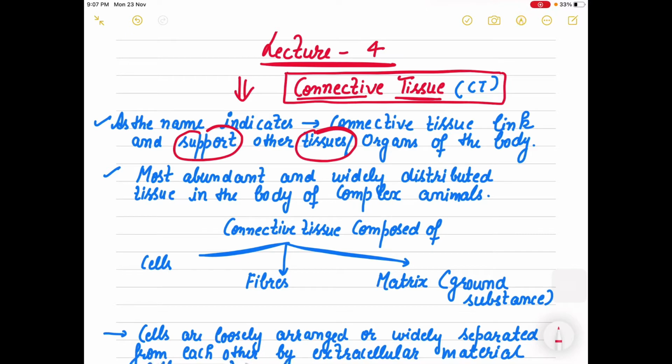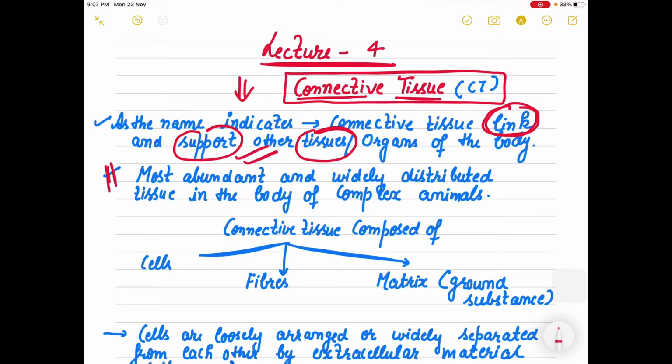Two important things about this tissue: it is a link, and it connects other tissues and organs of the body, as well as supports them.